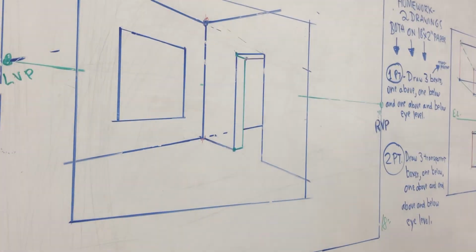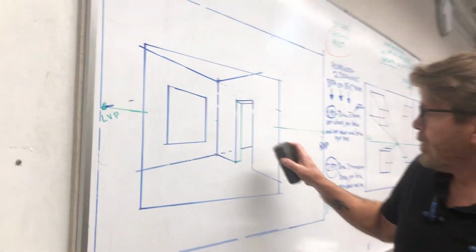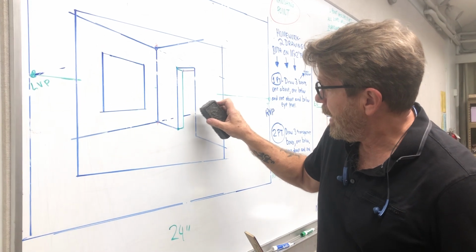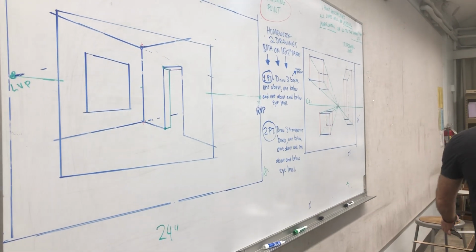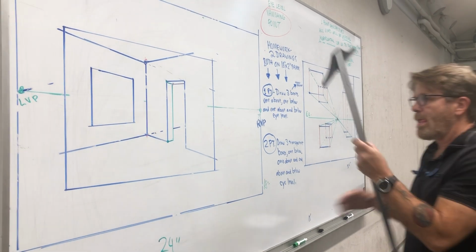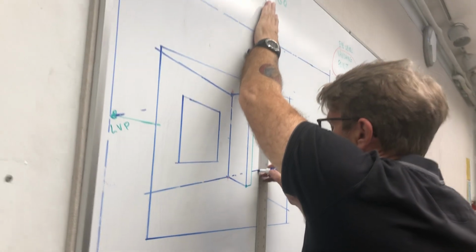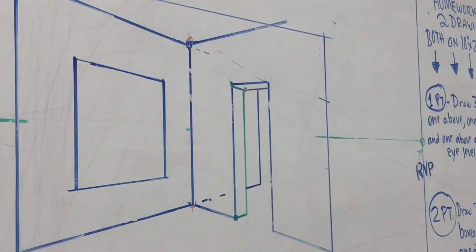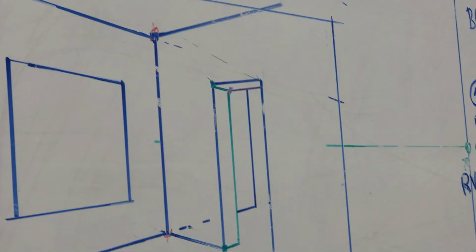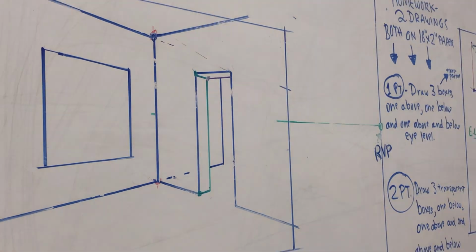If you want, you can come back here and say, I'm going to make that line go back to here. See, I just had that wall stop there.